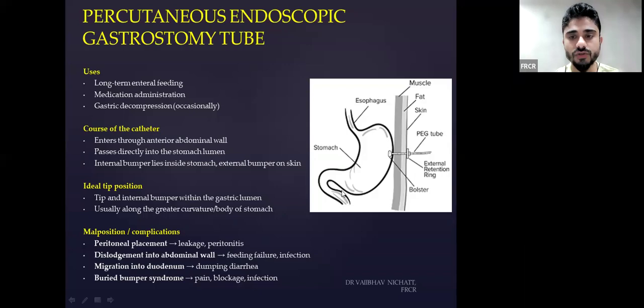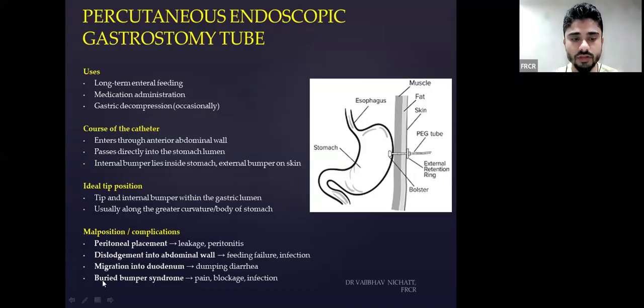So that is the pathophysiology. In such cases, you can simply pull out the gastrostomy feeding tube slightly, with the balloon just at the level of the anterior abdominal wall, so that the wall of the stomach opposes the posterior aspect of the anterior abdominal wall.